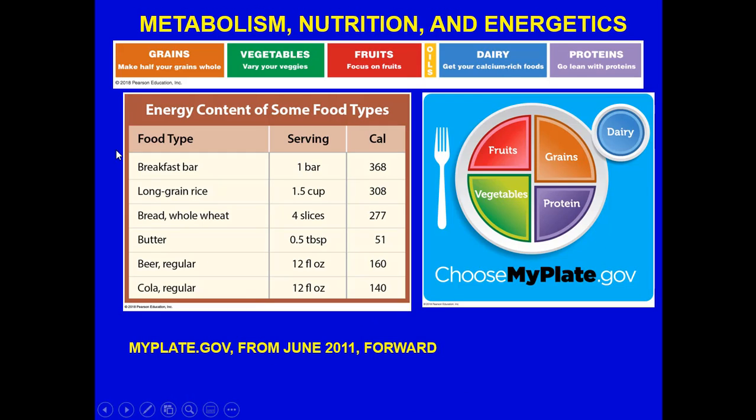This is what we see today. We see today myplate.gov. This was implemented about June of 2011 forward. Usually what sets this up is the USDA. Let me give you a little bit of background here. Public health was influenced after the Great Depression.